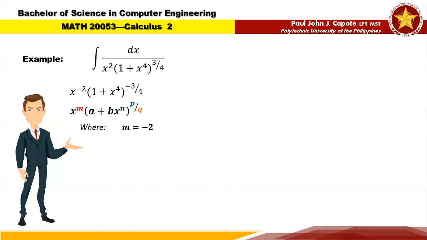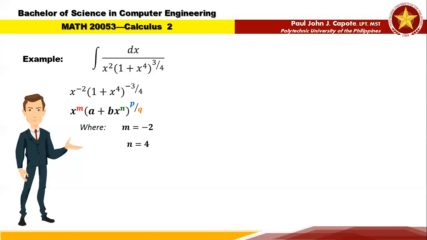Let m equals -2. But why -2? Take note that in the given integrand, the expression is in the denominator. So that is why m is equal to -2.